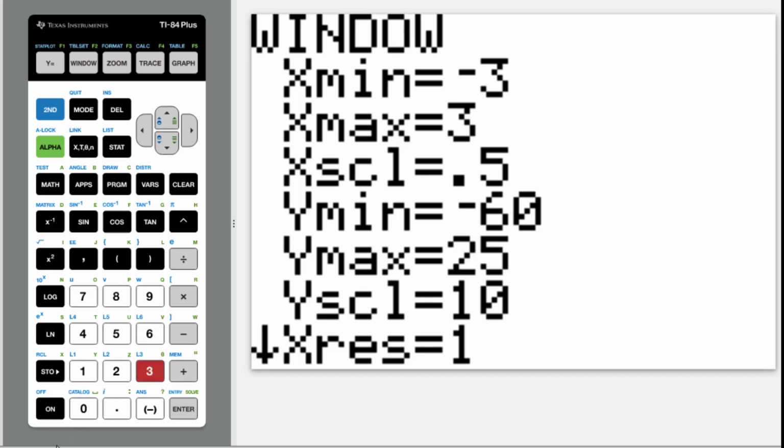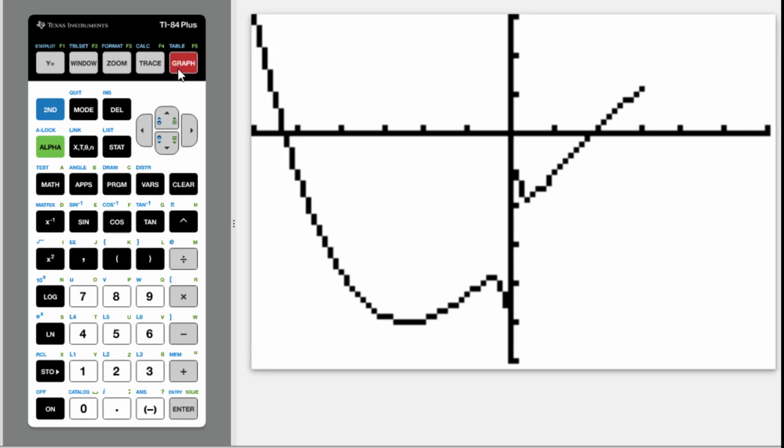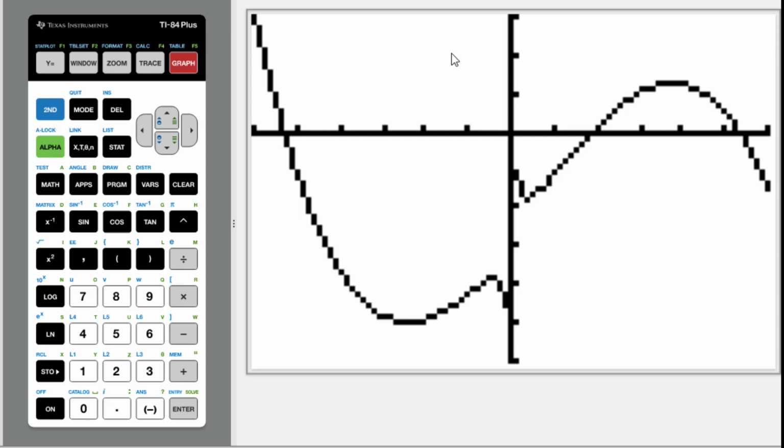This is 30. Scale is 10. Then we graph. We know the y-axis is the asymptote line. We have a minimum value, maximum value, minimum value, maximum value, and 3 zeros.